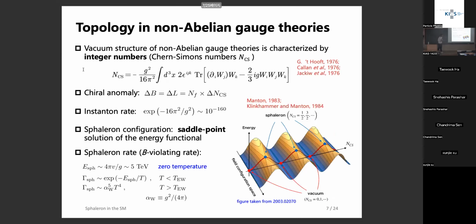You can refer to the picture here. Along this side, the Sphaleron is the maximum point, right? But along another side, it's a minimum point. So this corresponds to the saddle point.